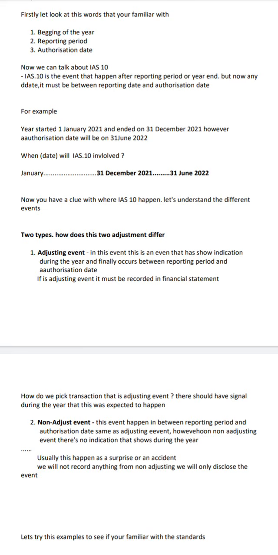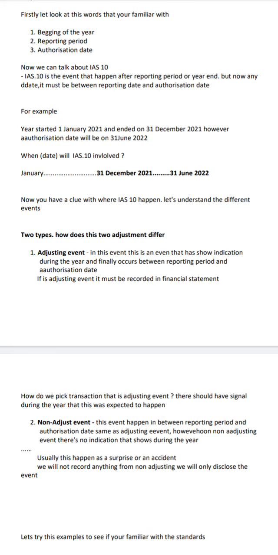For example, an entity's vehicle can get involved in an accident. Of course, no one has an indication that tomorrow there might be an accident. This is an event that just happened as a surprise, which means we call it a non-adjusting event because there was no indication that this event would happen.